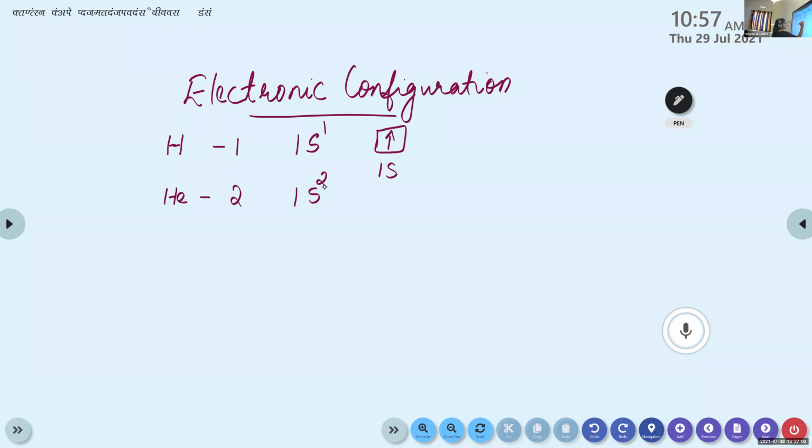And we can draw it in orbital diagram, 1s, 2 electrons, one in upward direction and the other drawn in downward direction. Okay, that's related to spin. One electron in plus half spin and the other one in minus half. One in anti-clockwise and one in clockwise direction. That's why we are showing these arrows opposite.